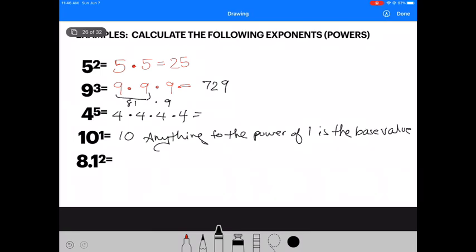Okay, and then 8.1 squared. Okay, so that gives you all those examples. All right, so you can pause here to figure out this one here and this one here.